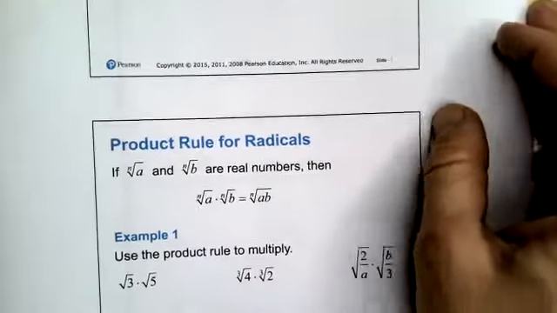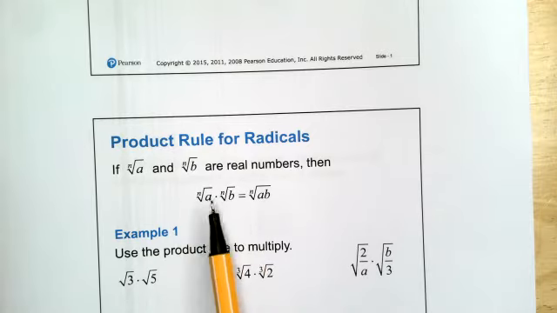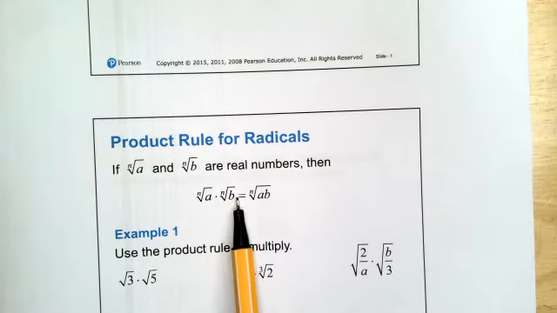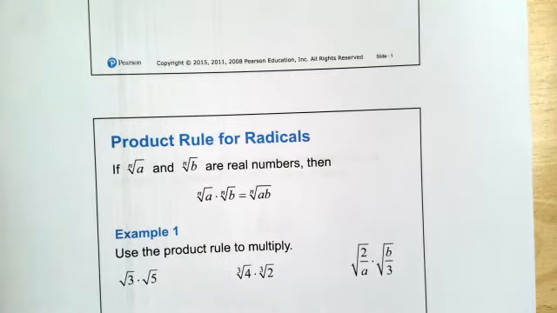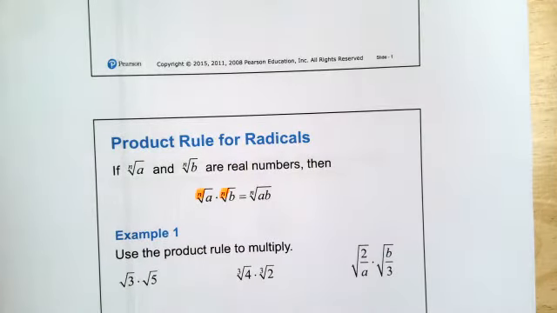The product rule for radicals says that if the nth root of a and the nth root of b are being multiplied together, as long as the root is the same, as long as this is n for both a and b, keep the index.